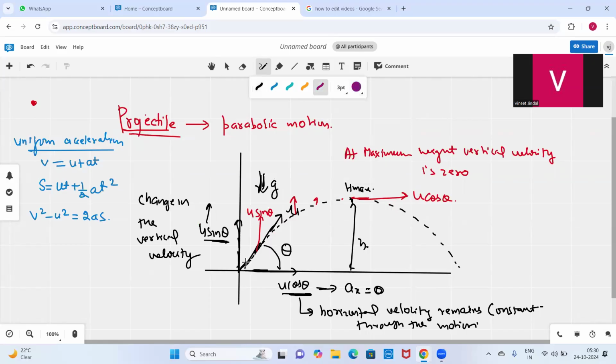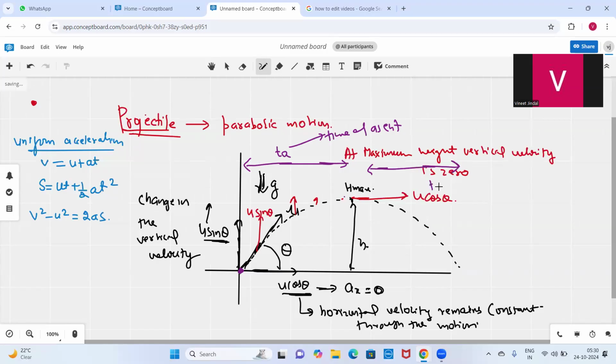When the object goes from the point of projection to the maximum height, that time period is called time of ascent. It is going up. When it is going down from maximum height to the ground again, this is called time of descent. Being projectile is a symmetrical one, the time of ascent is equal to the time of descent.